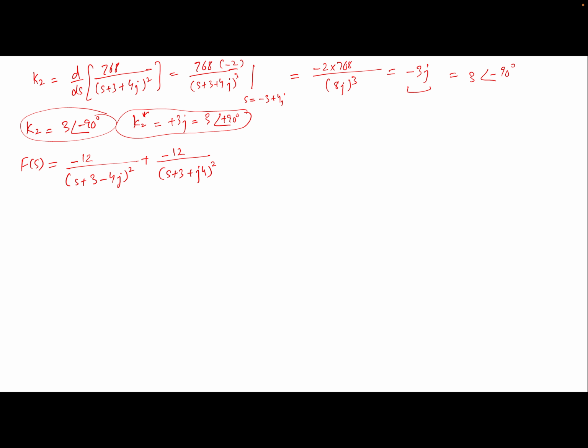Now K2 is 3 angle minus 90, or you can call it minus 3j over s plus 3 minus 4j, and plus 3 angle 90 degrees over s plus 3 plus 4j.